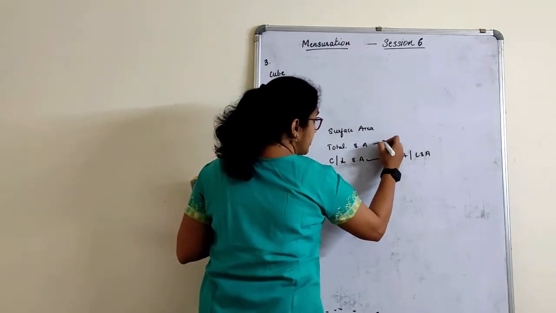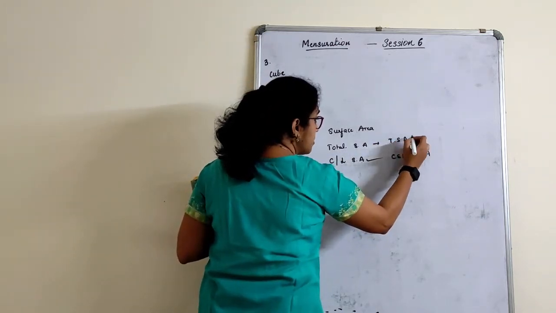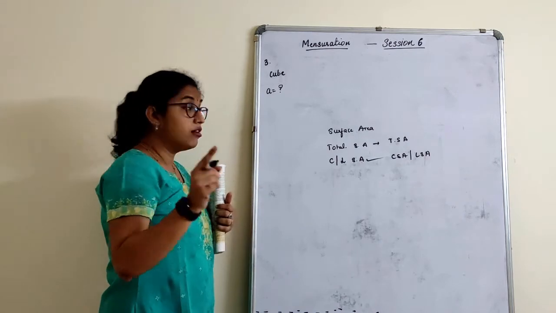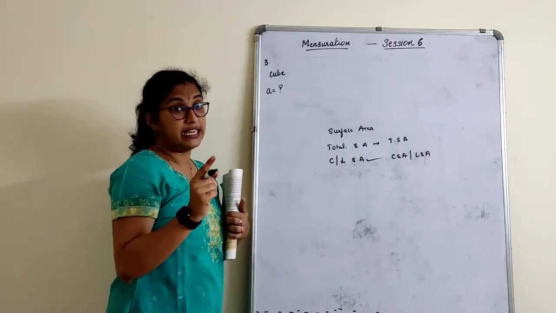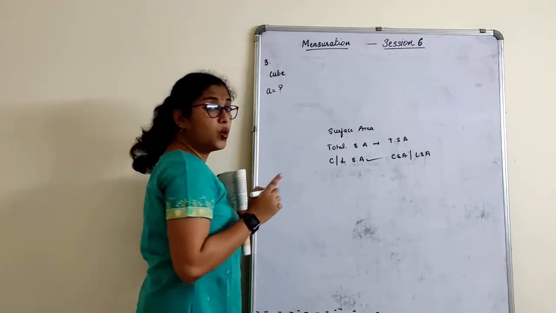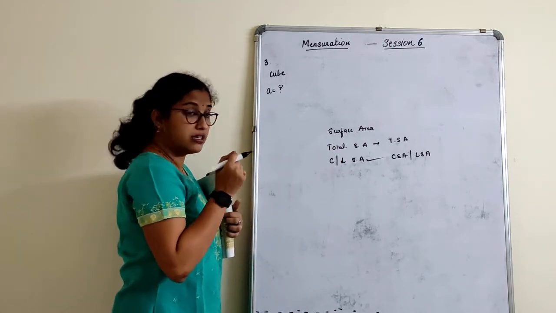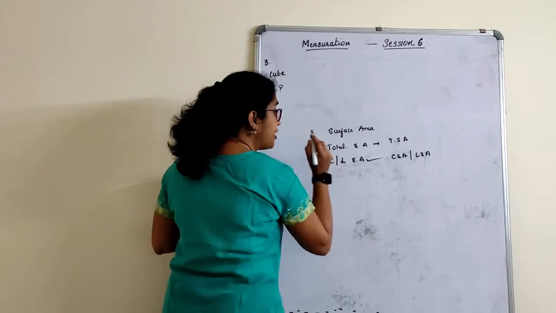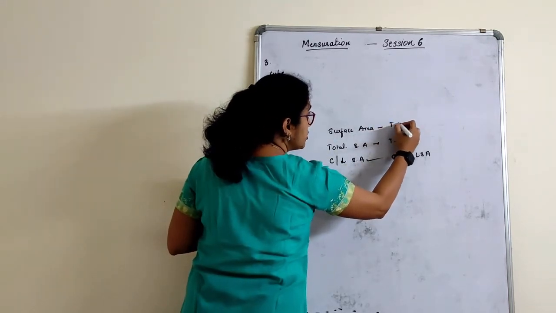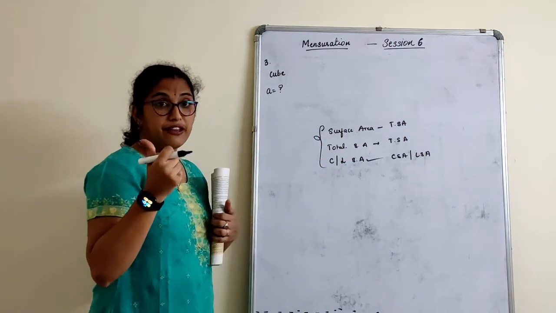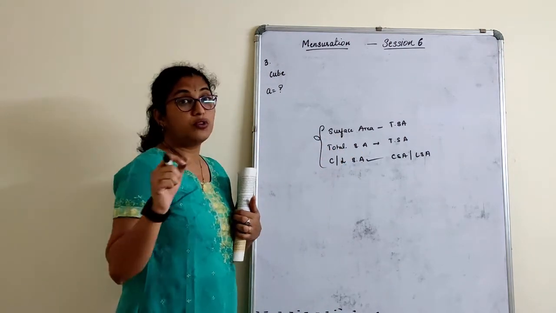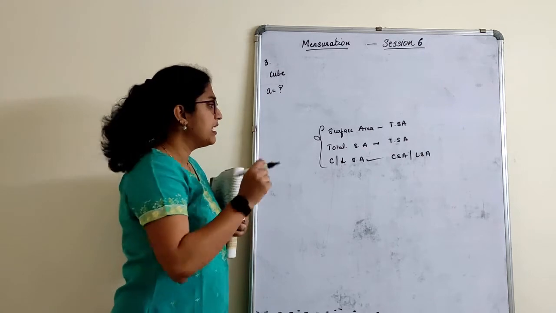Total surface area when they gave it is TSA. Of course, we understand that. Also, if they only mention the word surface area without mentioning total or curved, anything, only surface area is mentioned, then also it is TSA.